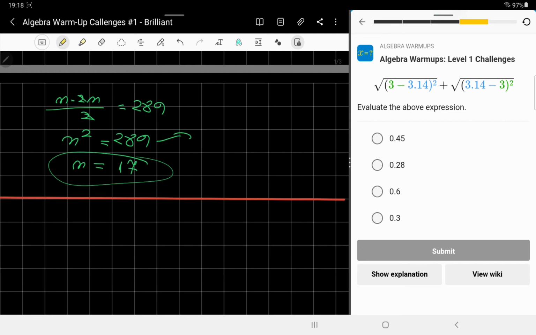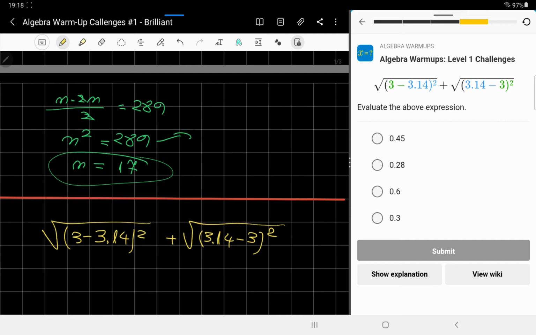So we have square root of 3 minus pi plus, did they actually think we don't know that 3.1416 is pi plus 1 million other decimals? So how do we evaluate this expression?